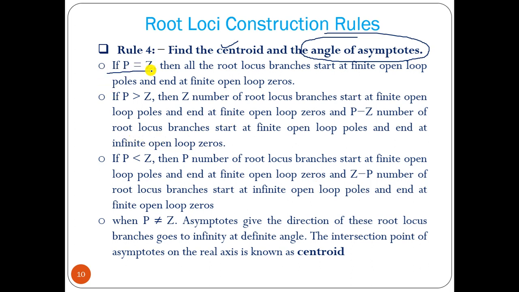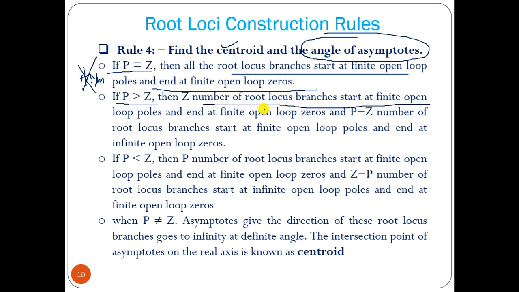Now if p equal to z, then root locus branches start at finite open loop poles and end at finite open loop zeros. That means there is no asymptote. If p is greater than z, then z number of root locus branches start at finite poles and end at finite zeros.